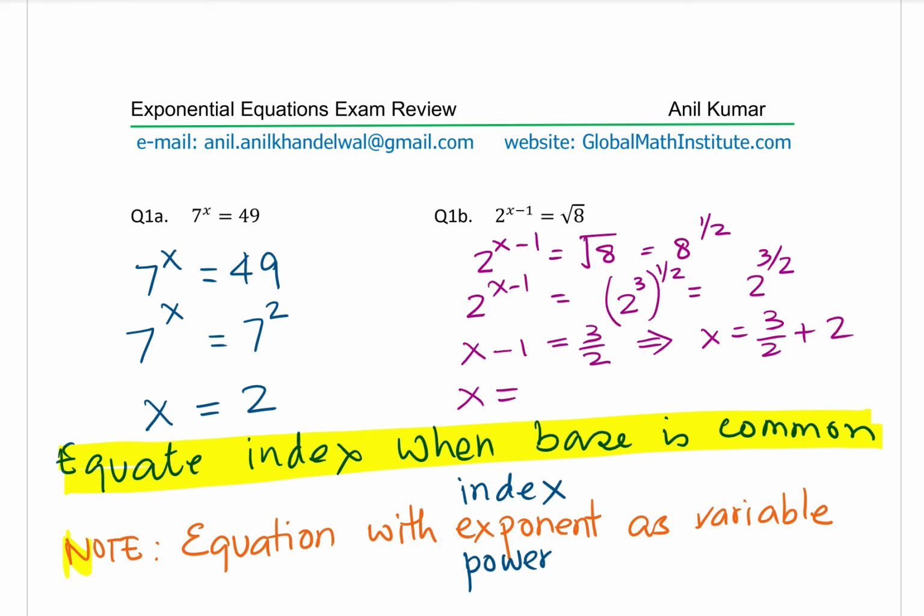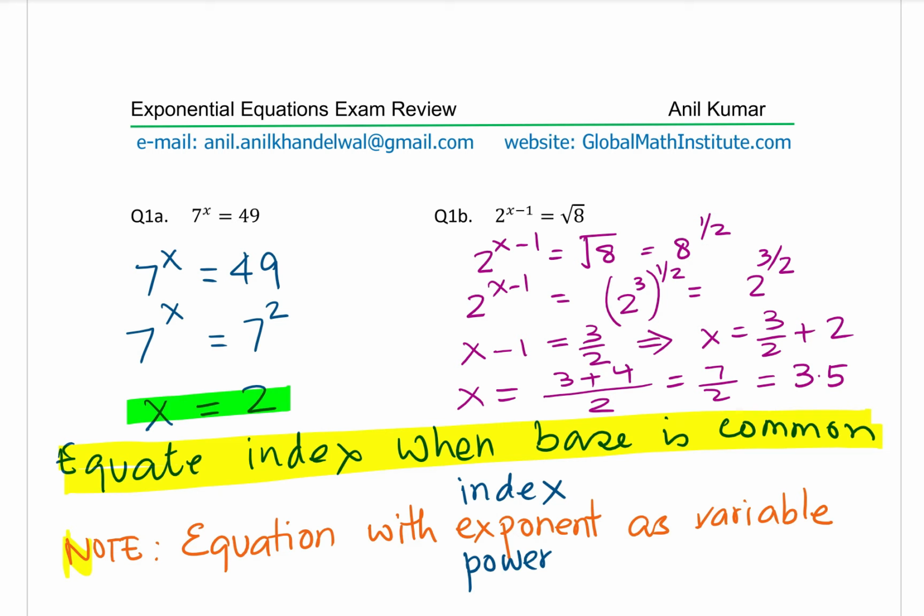You can take 2 common as your denominator, and you get 3 plus 2 times 2 is 4. So 4 plus 3 is 7, and you get 7 over 2 or 3.5 as your answer. We are providing exact values, so you could write 7 over 2 or 3.5 in this particular case.